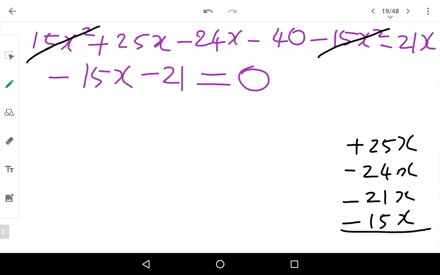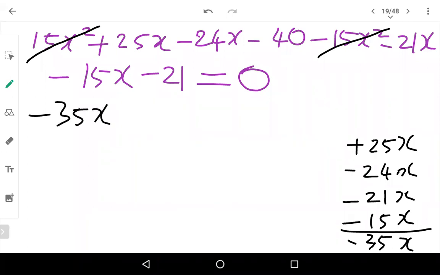Now can you say me what will be the answer here? Plus 25, minus 24, minus 21, minus 15. How much do you get? Minus 35. So you get minus 35x.